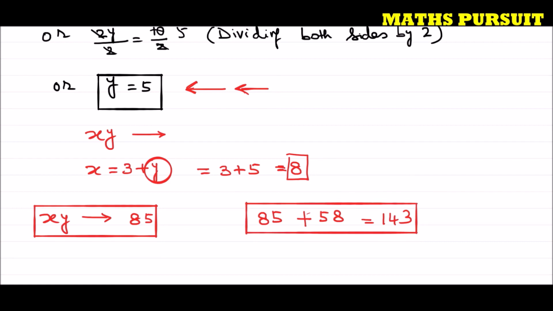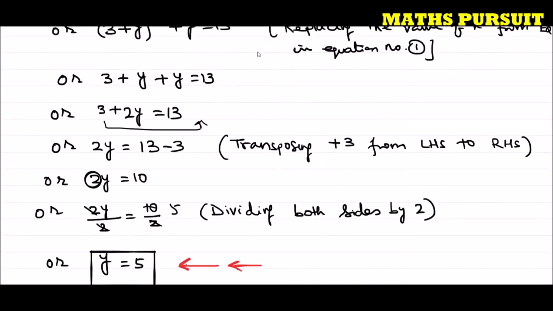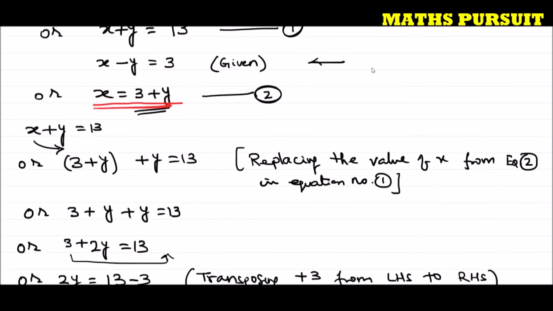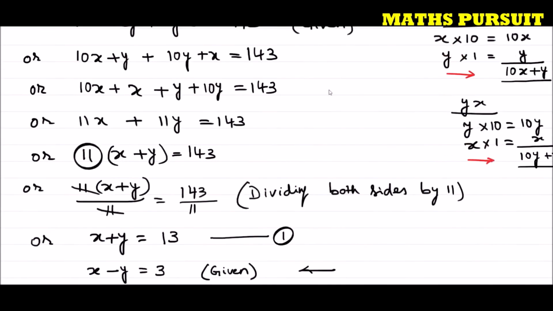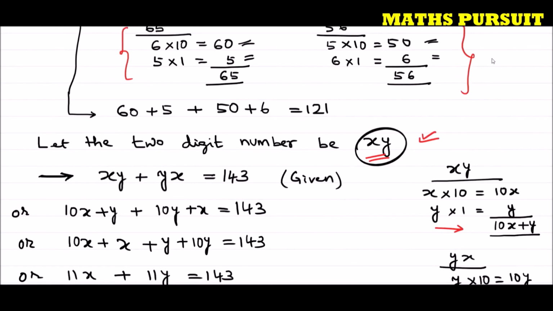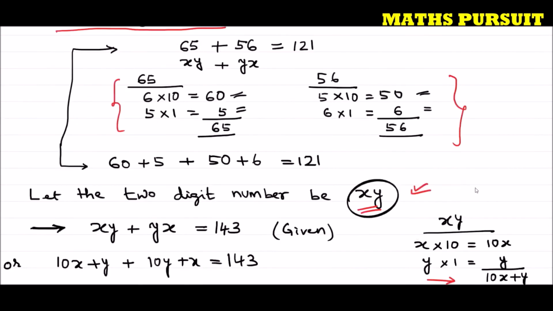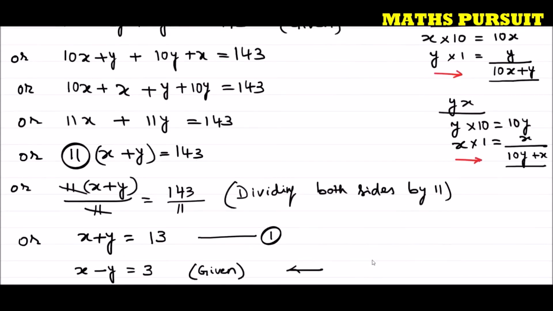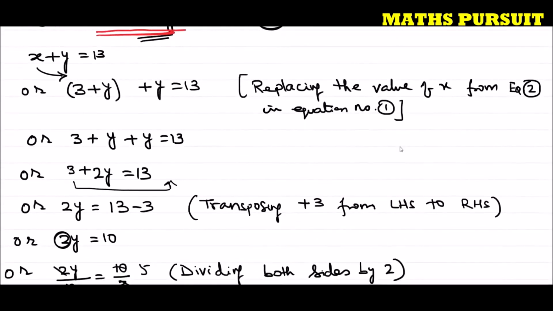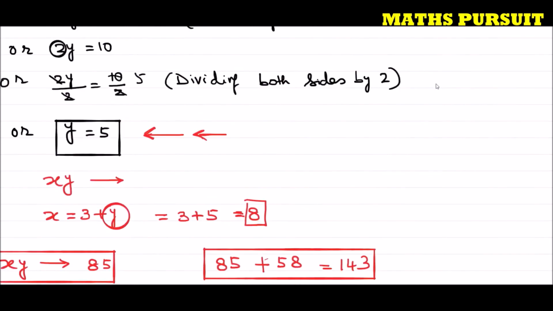So let us look into the question once again so that we can write our concluding answer. The question is asking us what can be the original number.